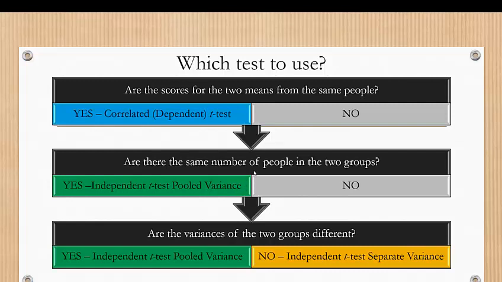But just because we have the same number of people, we need to have our variance as equal. Okay, and so let's go to the next slide. Really, it should change slightly here. Are the variances of the two groups? If we say yes, that we have the same number of people, it's not automatically there. Now we're going to go down and ask about the variance in the two groups.